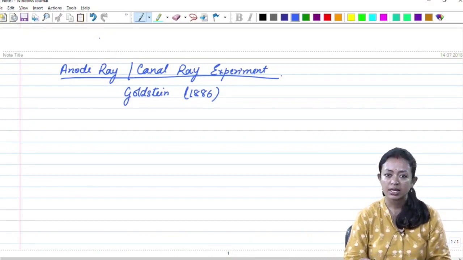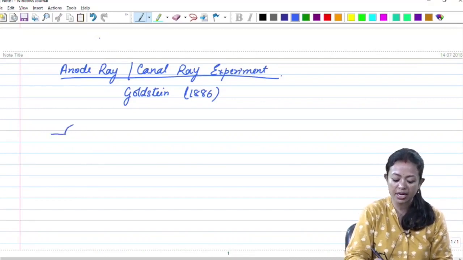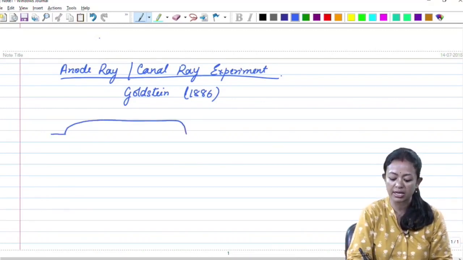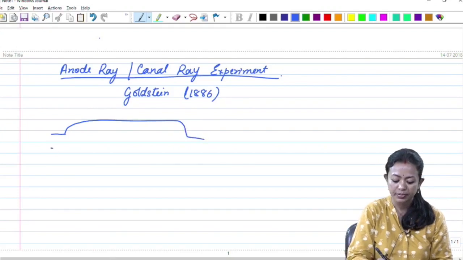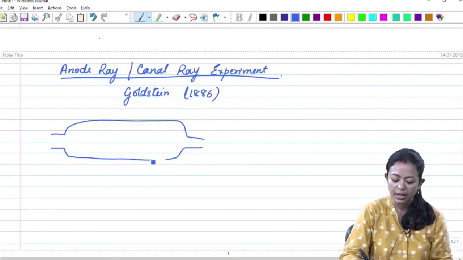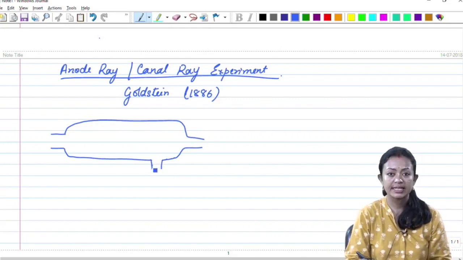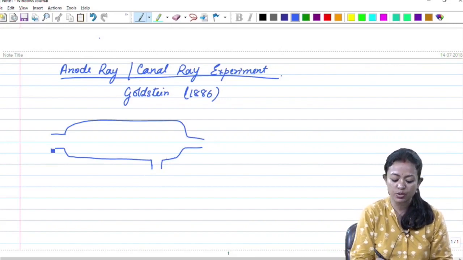Thomson's cathode ray experiment. He kept the same discharge tube, which was made up of hard glass. A pump was attached so that the air could be extracted out.